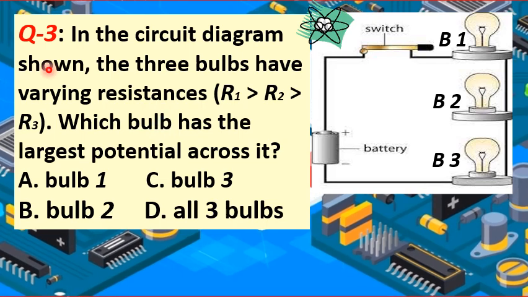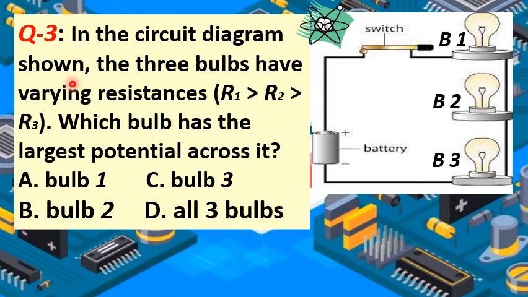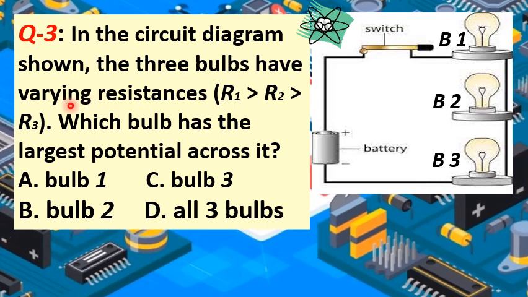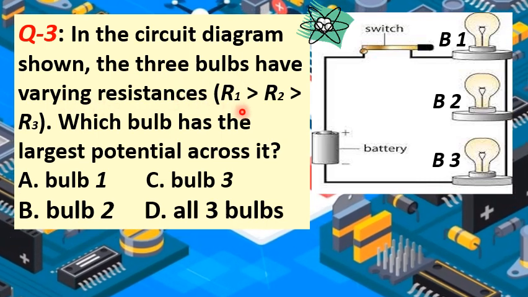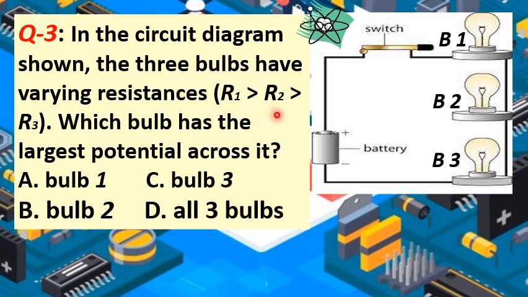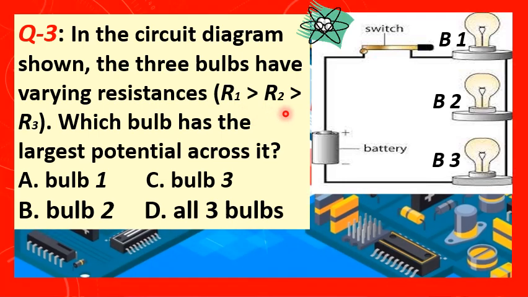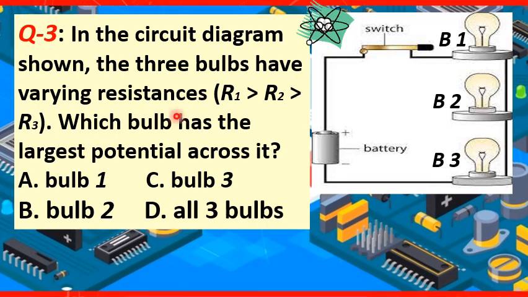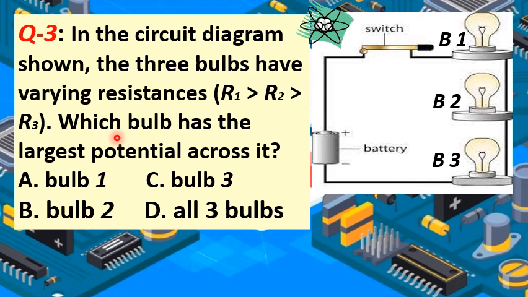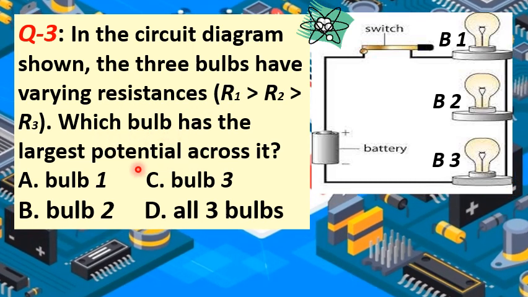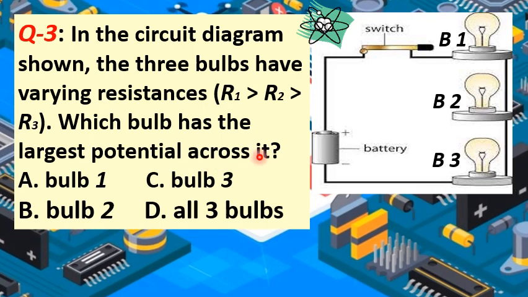Question number 3. In the circuit diagram shown, the three bulbs have varying resistances. That means resistance number 1 is greater than resistance number 2, and it's also greater than resistance number 3, right? Question is, which bulb has the largest potential or voltage across it?